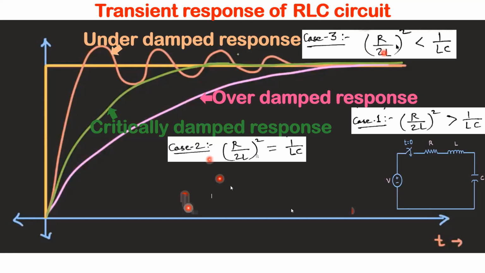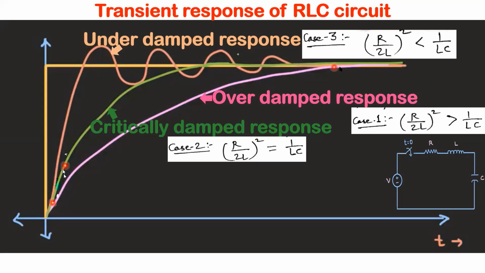Now case 3 is whenever (R/2L)² is less than 1/LC, then the system gives underdamped response. That is such sort of response it gives. That means the final value is achieved by the system even earlier than in the critically damped response.